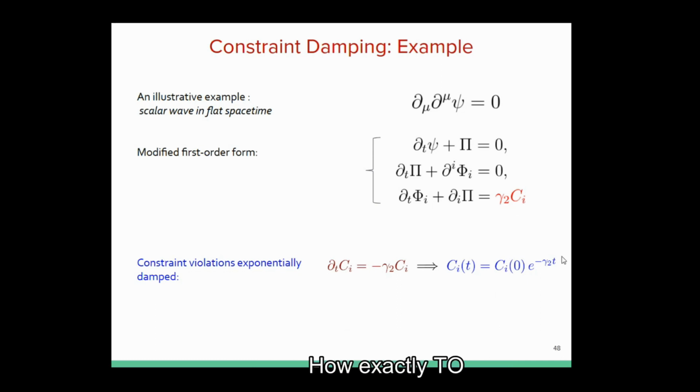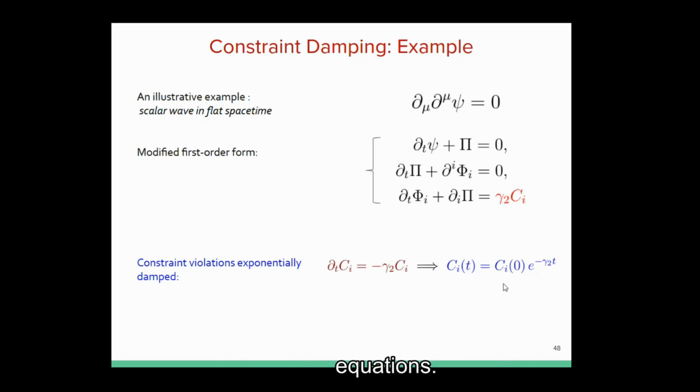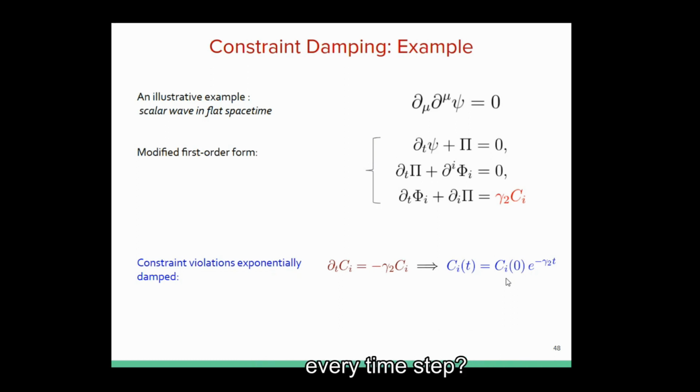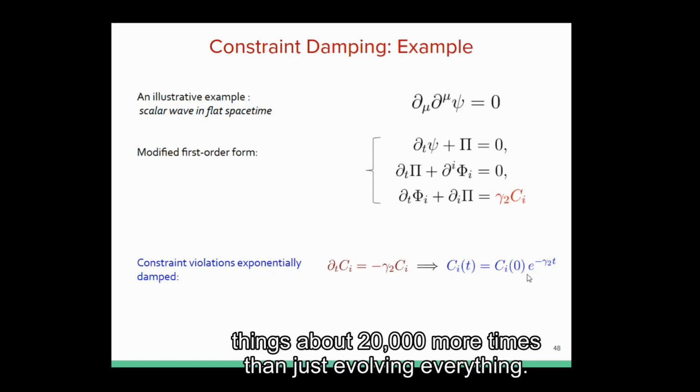How exactly to insert products of constraints into the evolution equations so that you don't have to solve the constraint equations one after another. Of course, you can ask, why don't I solve constraint equations at every time step? You can do that. But solving constraint equations takes about 20,000 times more than just evolving every time.